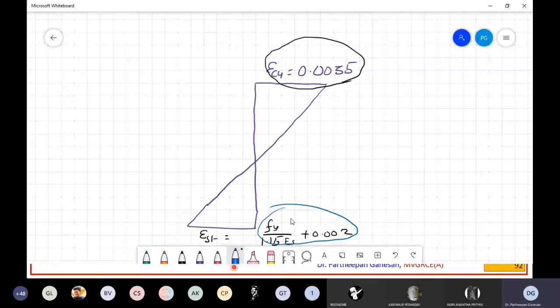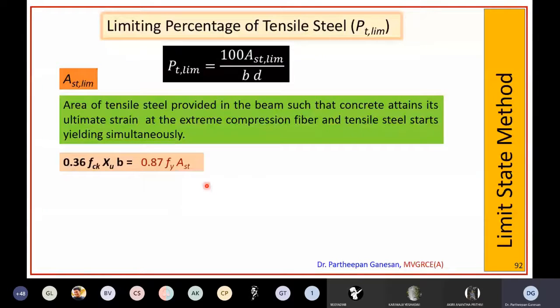Okay, and how to find that? You know the original equation from the stress diagram: compressive force equals tensile force, 0.36 FCK XU B equals 0.87 Fy AST. Now in this, if you replace XU by XU limit, XU limit means balanced section.